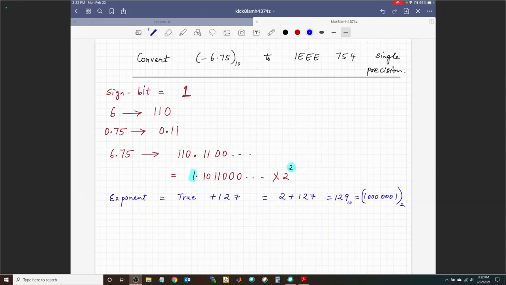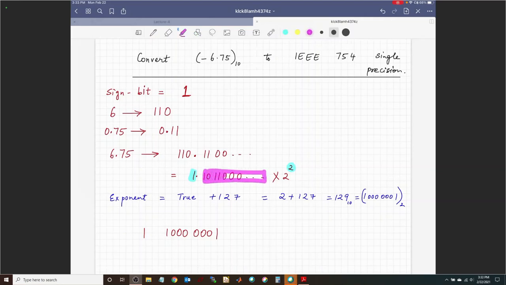Next, I think I'm ready to write the answer now, right? I've got the sign bit, which is 1. Then I've got 8 bits to represent my excess 127 exponent field. And then I've got all these guys. Let us highlight them in pink.